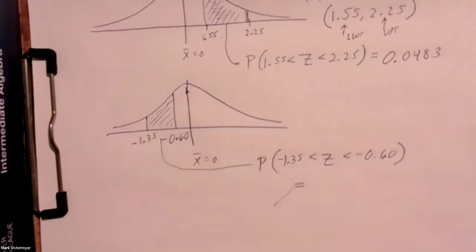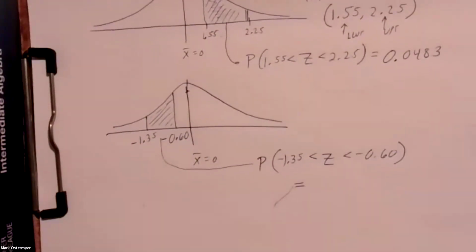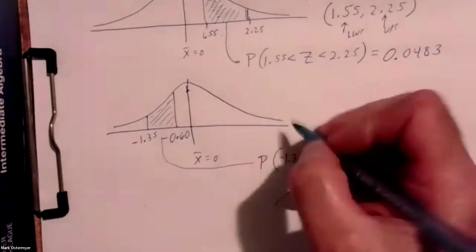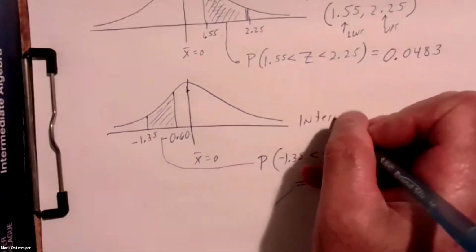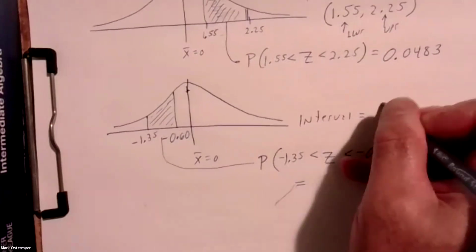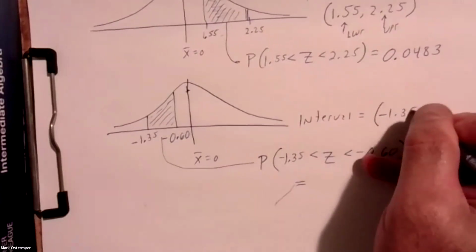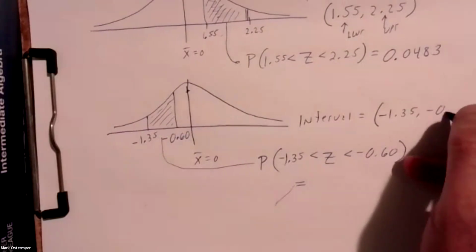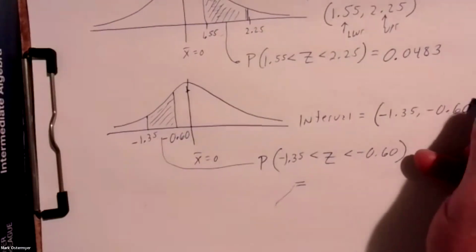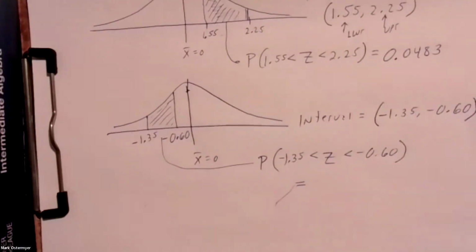All right, so we have to find this area here. Our lower endpoint of our interval is going to be what? Negative 1.35, and the upper endpoint of our interval is negative 0.60. Let's take these to our calculator at our Canvas course site.